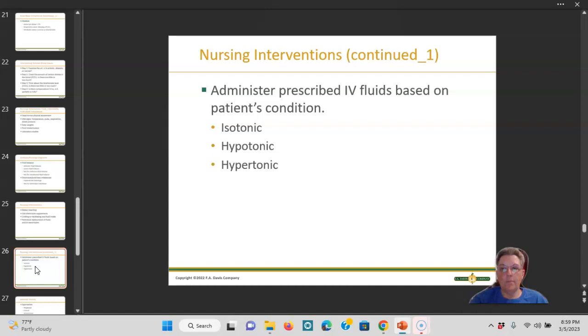So if we give you something that's super salty, it's going to pull the water out of your cells and make them shrink versus make them swell. Okay? So think about jumping in the ocean, which is full of salt water. You're going to be thirsty in a couple hours. Okay?